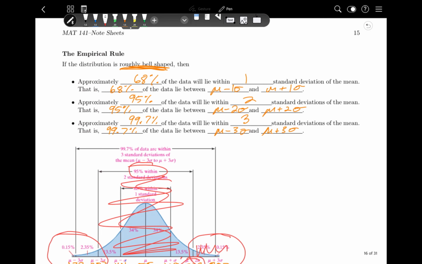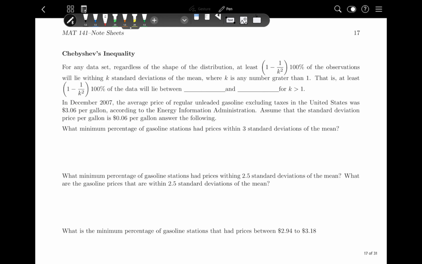Now, the key to the empirical rule is that the data have to be roughly bell-shaped. But not all distributions are going to be roughly bell-shaped. So that's where one more rule comes into play. It's called Chebyshev's inequality. For any data set, regardless of the shape of the distribution, at least 1 minus 1 over k squared times 100% of the observations will lie within k standard deviations of the mean, where k is any number greater than 1.